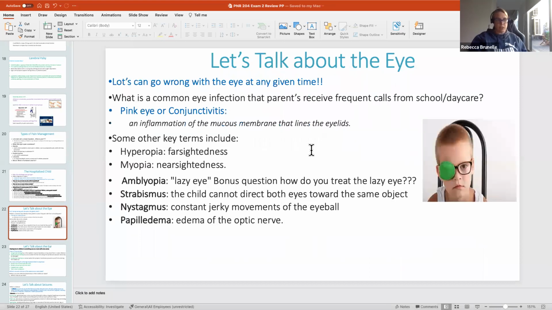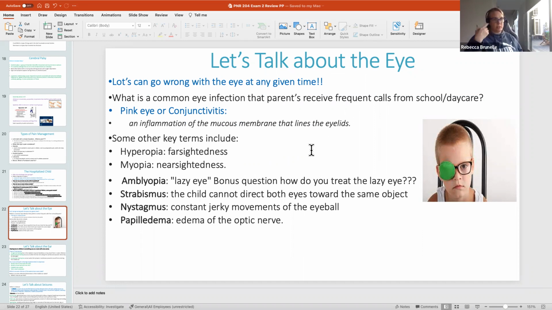So this section of the pediatric course also talked about sensory problems, so both the eye and the ear. If there is inflammation of the mucous membrane that lines the eye, that is called conjunctivitis. It's almost always infectious. It's a very common thing to go around daycares. It's highly contagious.